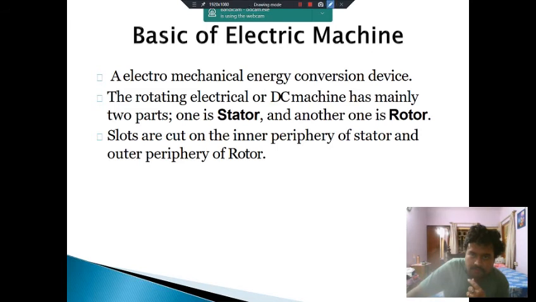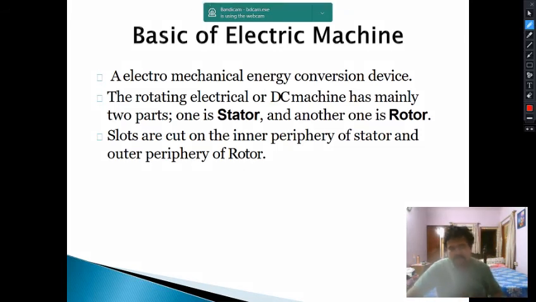So now there are some laws which you have to learn, or rather which, if you already know, you have to recapitulate before proceeding to the basics of an electrical machine. So obviously, before going to that, we will just do a recapitulation. So I will write down the laws one by one.